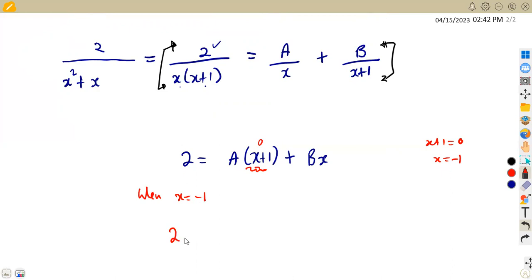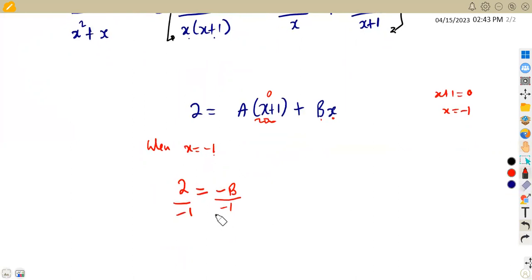So we are going to have 2 is equal to minus 1 times b, which is minus b. To find the value of b, we divide by minus 1 so that we have the exact value of b. So 2 divided by minus 1, that's minus 2, so b is minus 2.